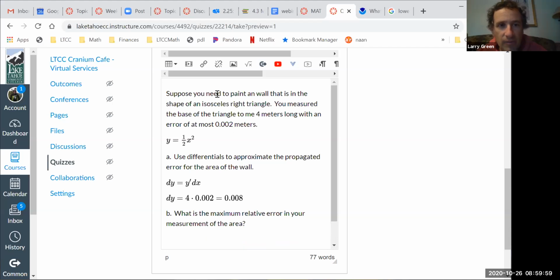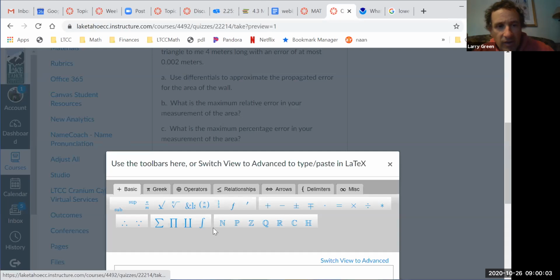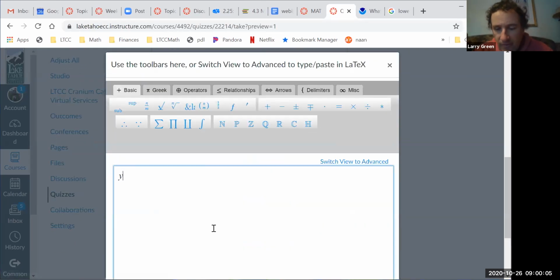So y equals 1/2 x squared, which equals 1/2 times 4 squared, which is 8.